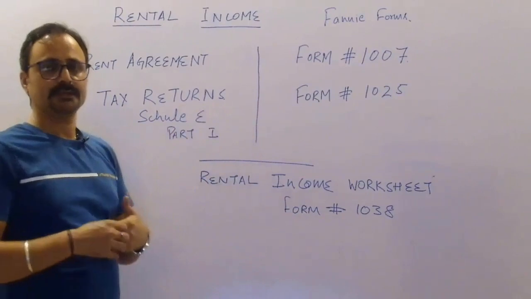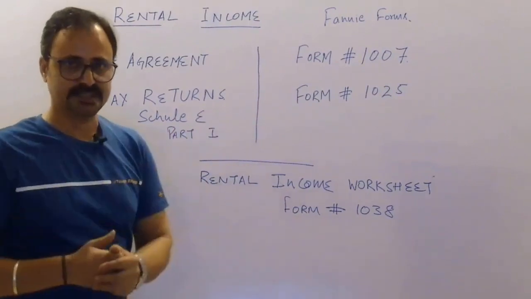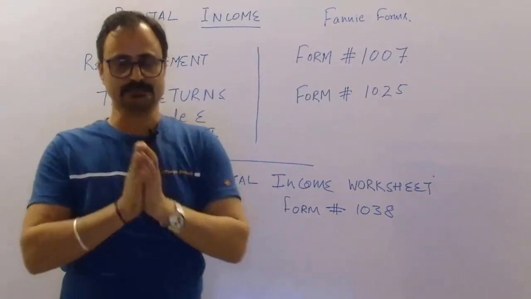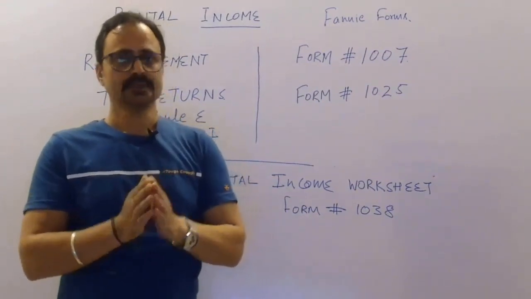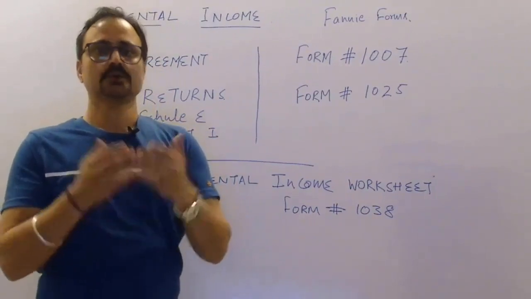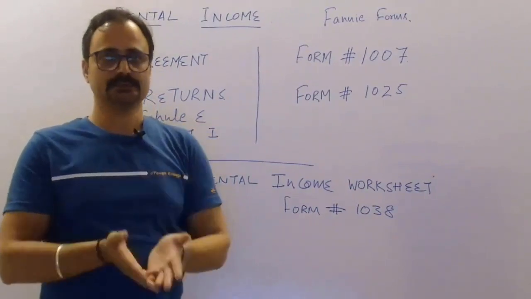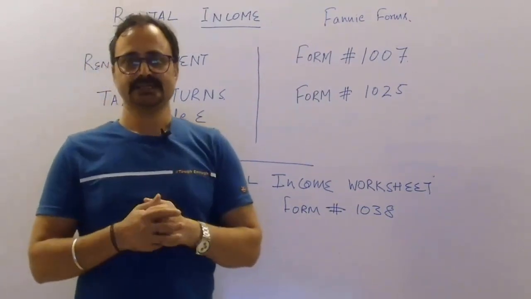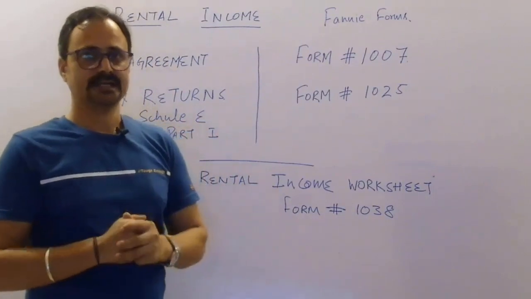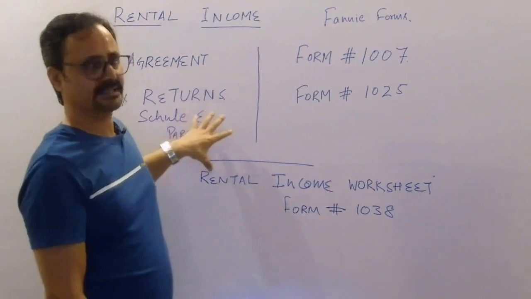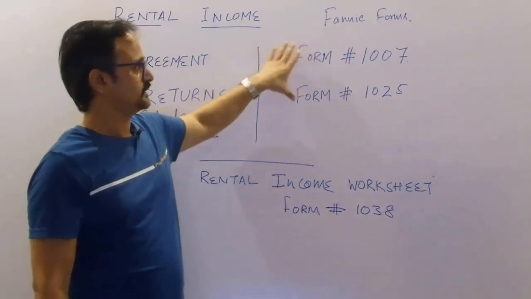So if a property is being purchased and the borrower wants to use rental income from that subject property, we won't have a rental agreement or lease agreement, and the property could not appear on the tax return because the property is not ours yet. As of now, we are going to purchase that property as a borrower. So instead of asking for a rental agreement or looking in the tax return, we should directly ask for these forms.